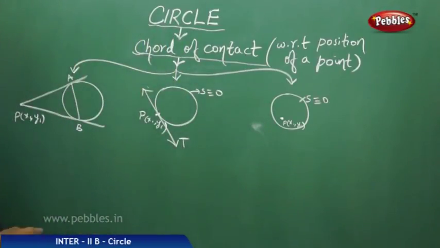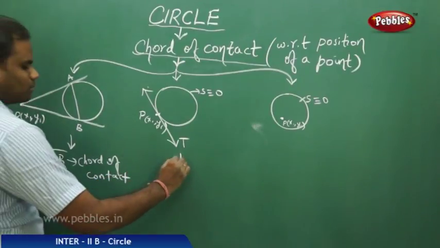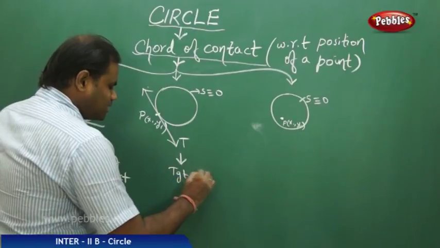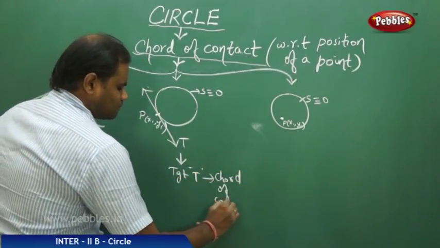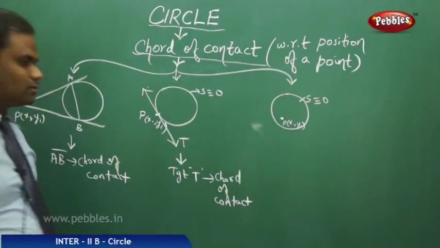So these three cases give the consideration that for an external point, AB is the chord of contact. For a point which lies on the circle, the tangent T itself is the chord of contact, because it acts as the chord of contact.